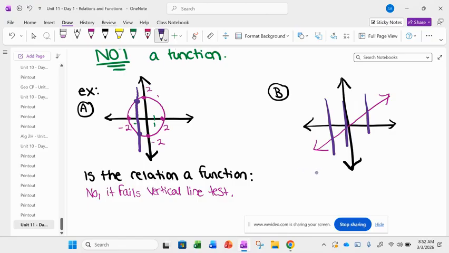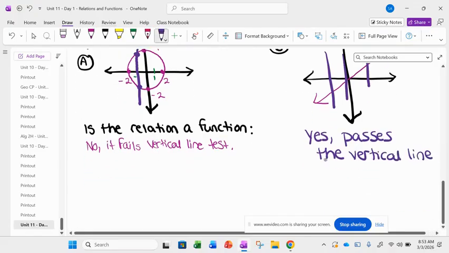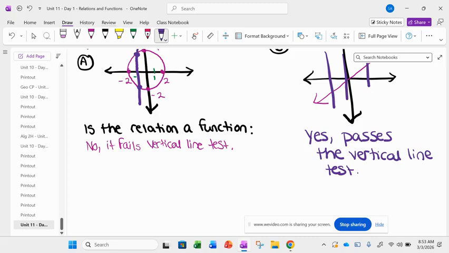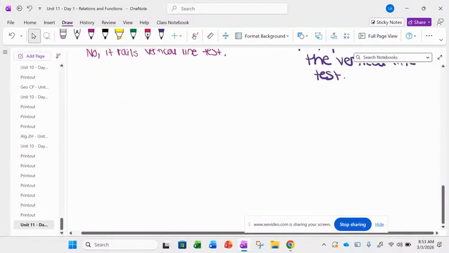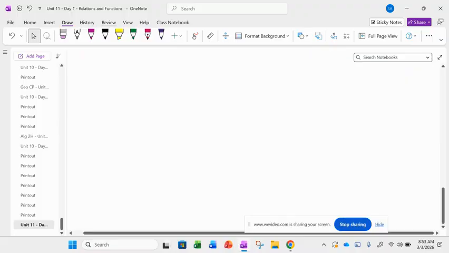So we're going to say yes, comma, passes the vertical line test. Okay, let's keep going. Let's do another one.